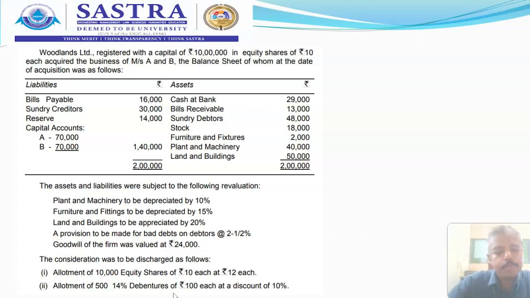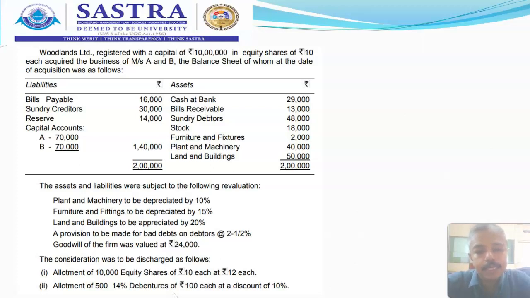Bills payable rupees 16,000, sundry creditors rupees 30,000, reserves 14,000, capital accounts, which means partner A and partner B, 70,000 each. Together it comes to 1,40,000, and the total of the liabilities is rupees 2 lakhs.